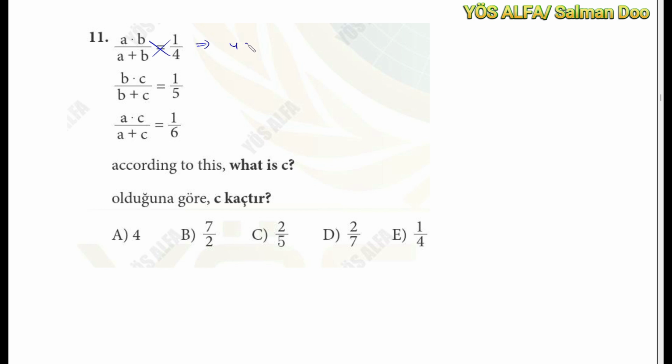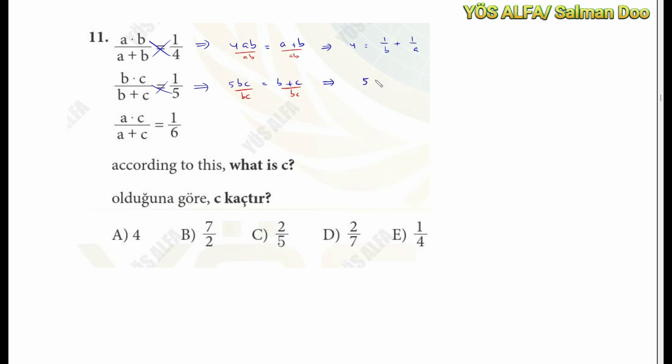So we have 4ab is equal to a plus b, and we're going to divide both sides of the equation by ab. So we get 4 is equal to 1 over b plus 1 over a. We'll cross multiply this equation again. 5bc is equal to b plus c, and we're going to divide both sides of the equation by bc.